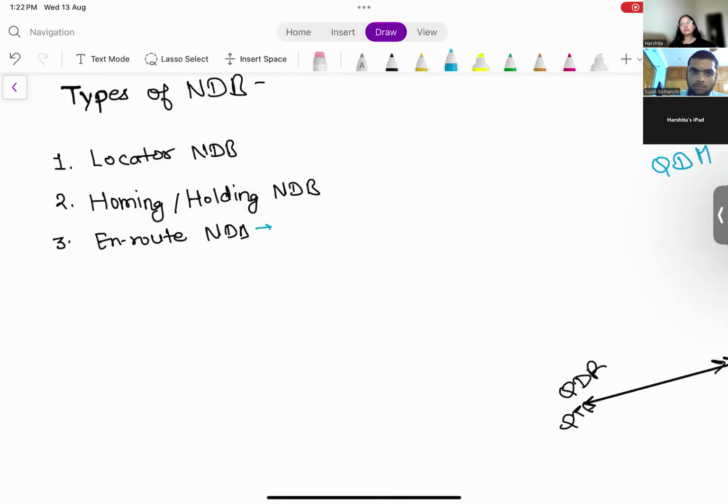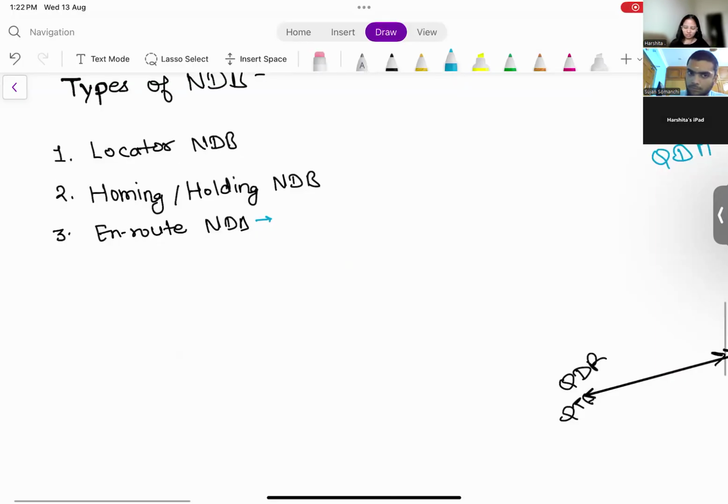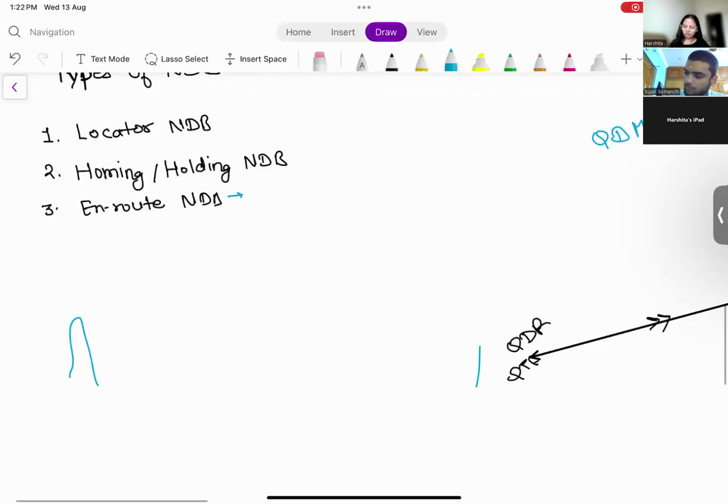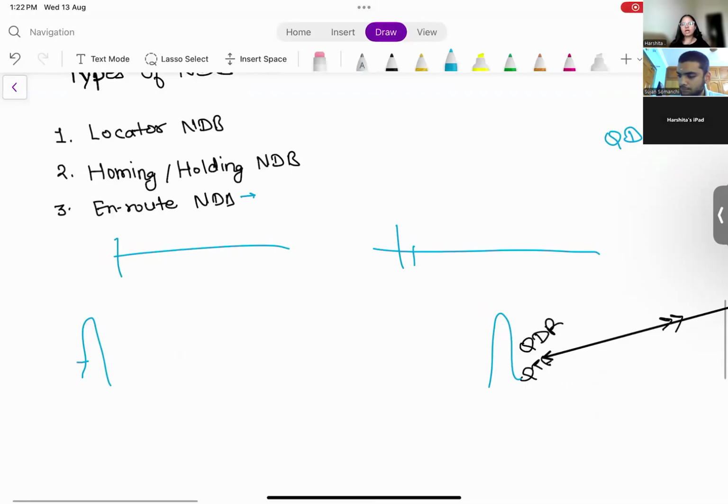Let us start from the lowest one. En route NDB. The name suggests that it will be somewhere situated on your route. You are going from one point to the other. These NDBs, which are found between your route, they are the en route NDBs.